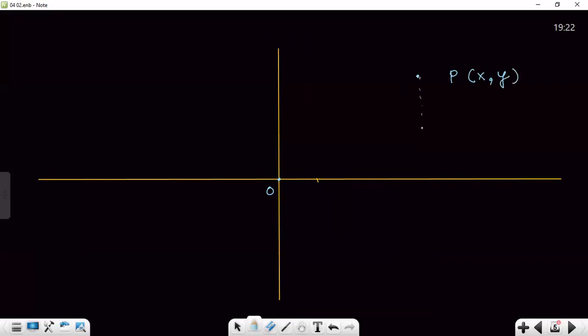So this distance is going to become y, and the perpendicular distance from the y-axis to the point is x. So this distance will also be x.